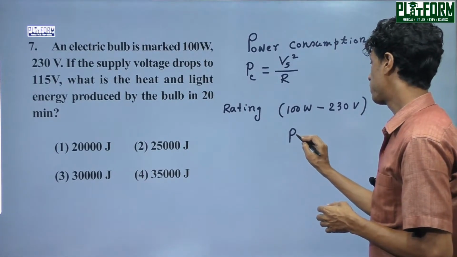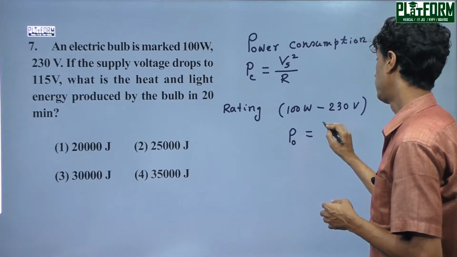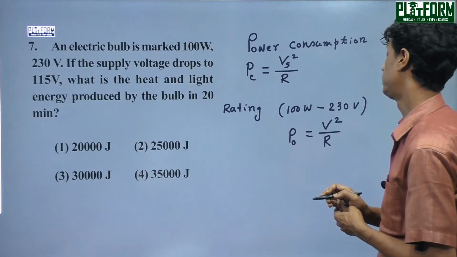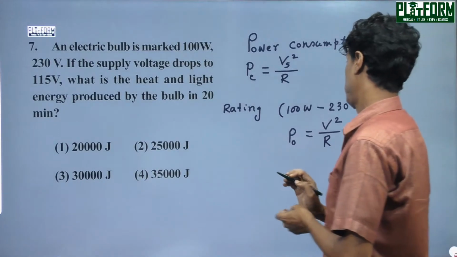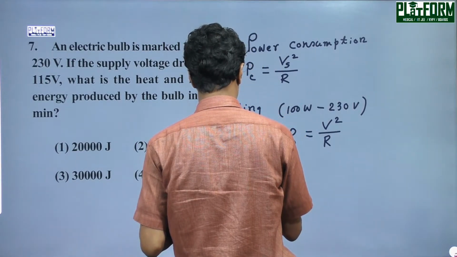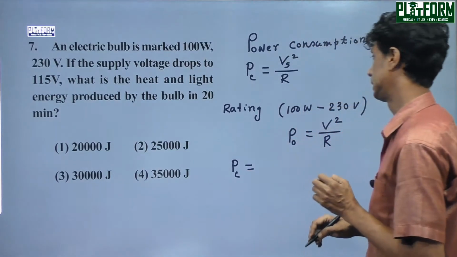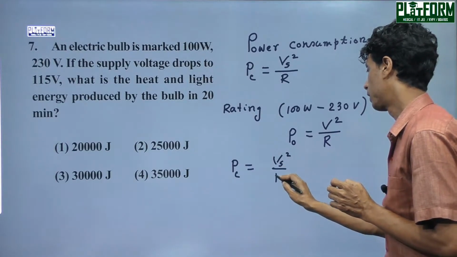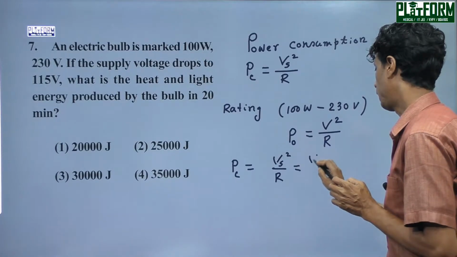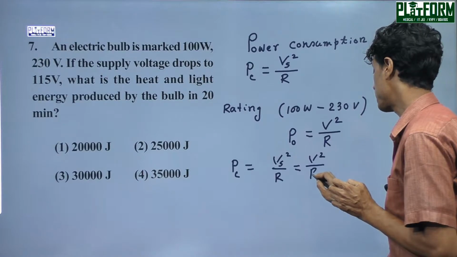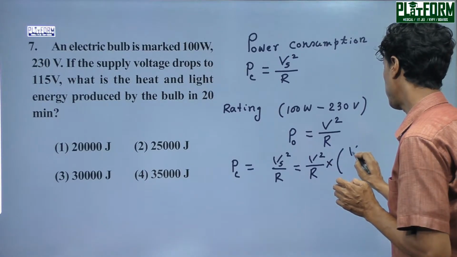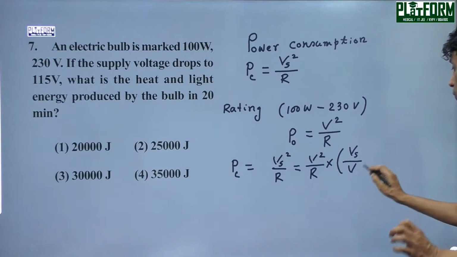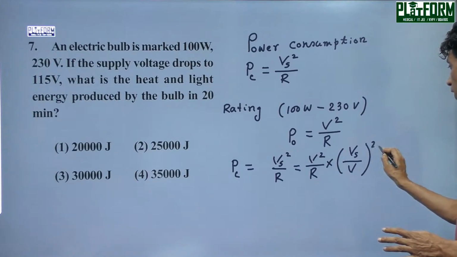And the rating power, if I say it is P naught, is the rating voltage V square by resistance R. So the consumption of power is V square by R. I have done it as rating voltage by resistance into Vs by V, where Vs is the supply voltage and V is the rating voltage, whole square.